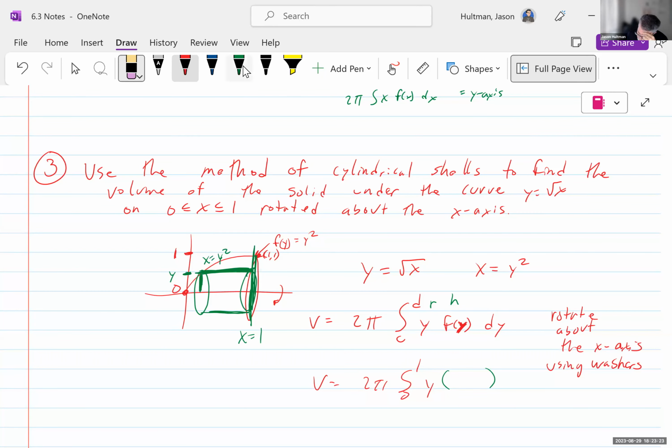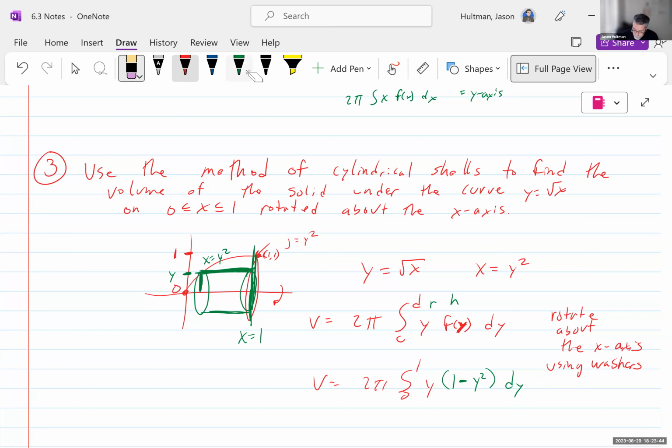That's the bottom function. So the top function is x equals 1. The bottom function is x equals y squared. So I have to do 1 minus y squared, dy.